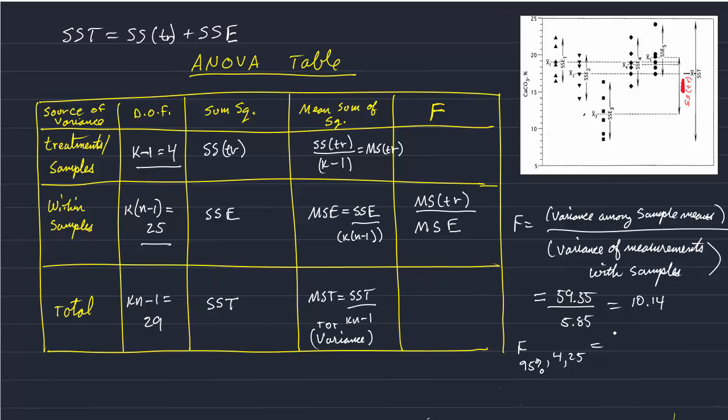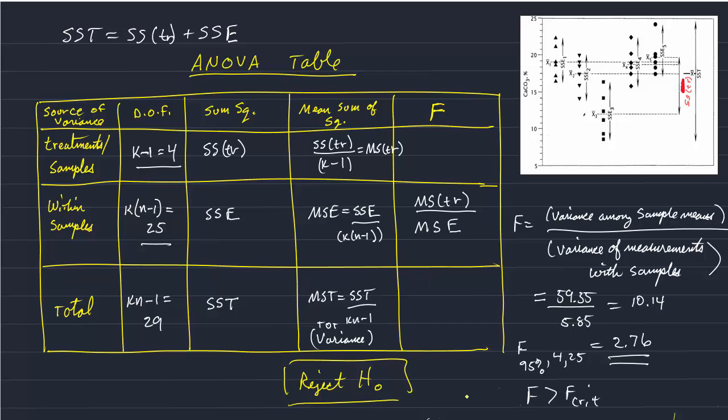And so this gives 2.76. So indeed, F is greater than the critical value, so we need to reject H0 in this case.